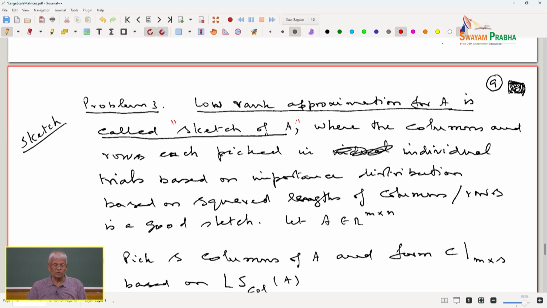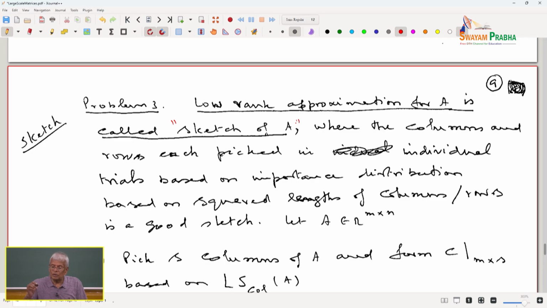So, the word sketch is used in mathematical proofs. A painter tries to sketch a human being, and so the word sketch intrinsically represents a good approximation to something that we are interested in finding, conveying.